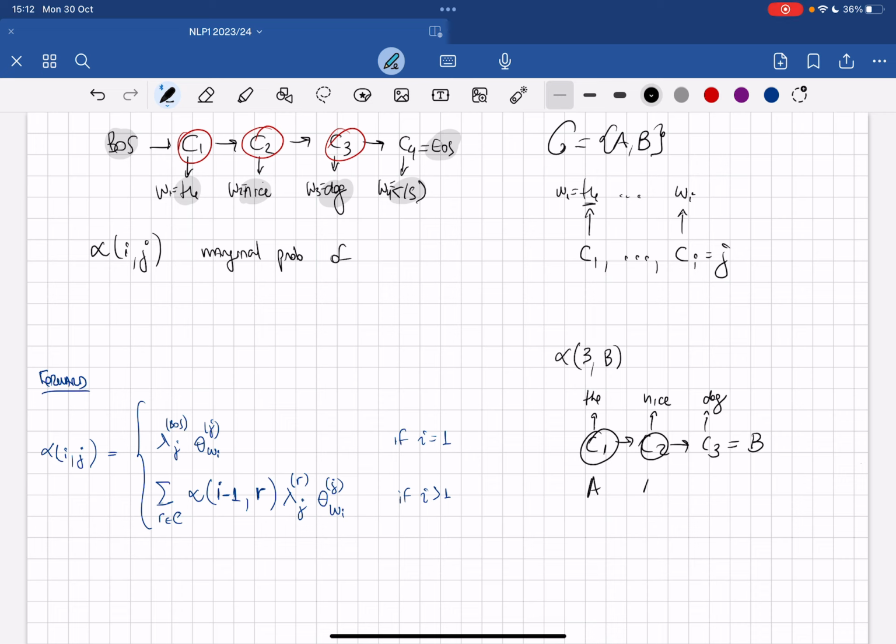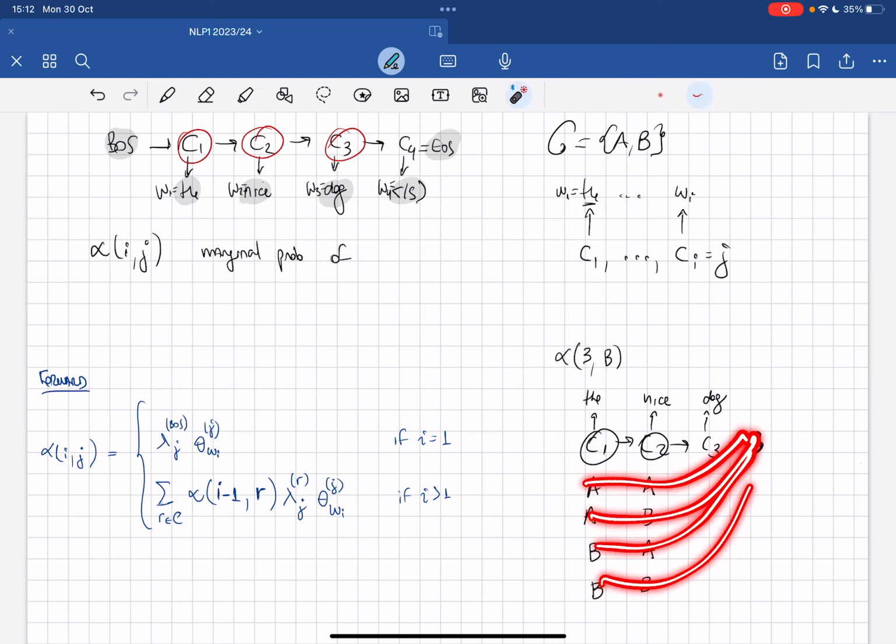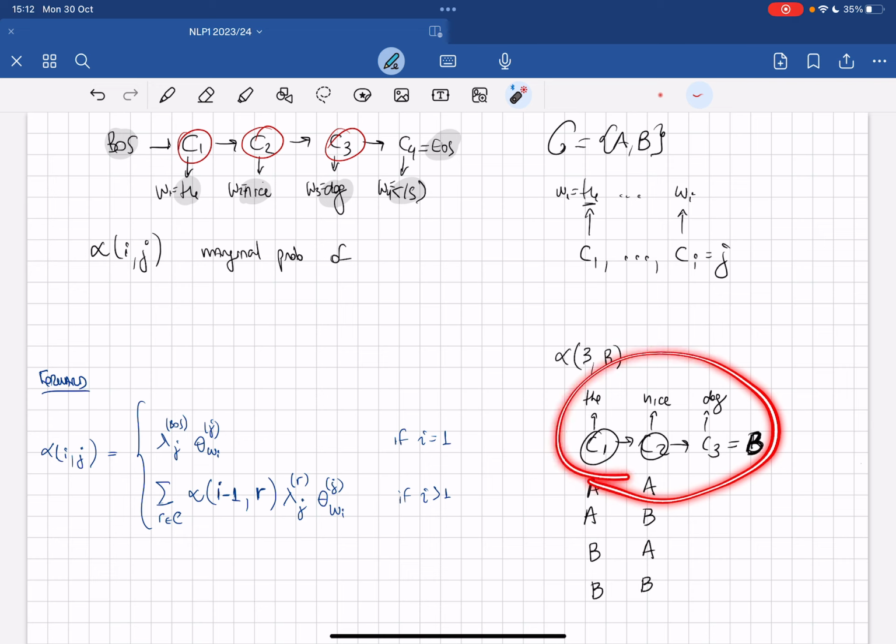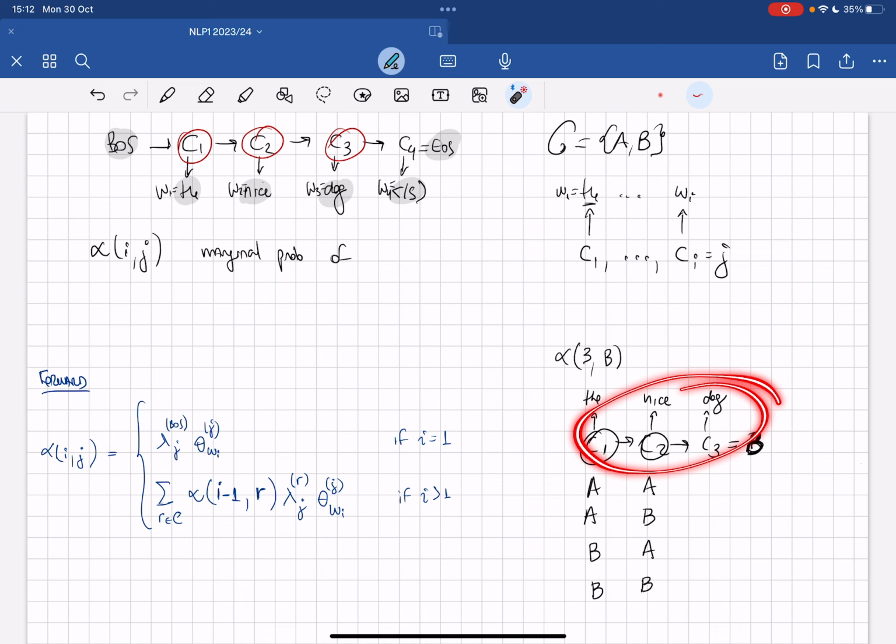It means we tried A, B, we tried A, B, B, we tried B, A, B, and we tried B, B, B. So we tried all these possibilities, we assessed their joint probabilities, and so on, and we added them up.